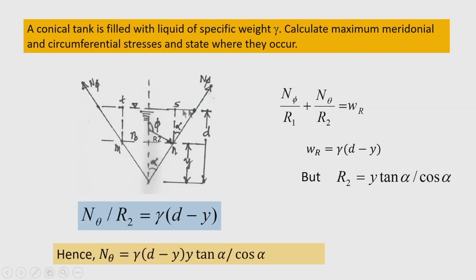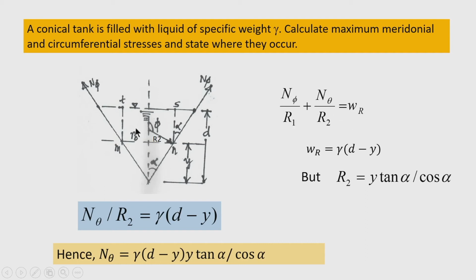So, here is an example of a conical tank filled with liquid. The density of liquid is gamma and water is filled up to depth d. The semi cone angle is alpha and total cone angle is 2 alpha. Okay. Now, here we first use the expression n phi by r 1 plus n theta by r 2 equal to W r.